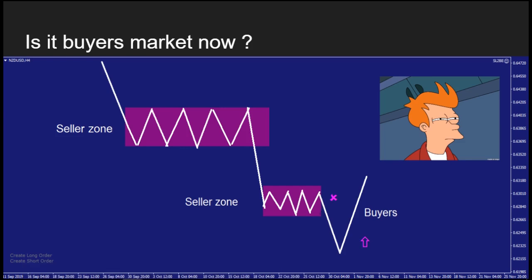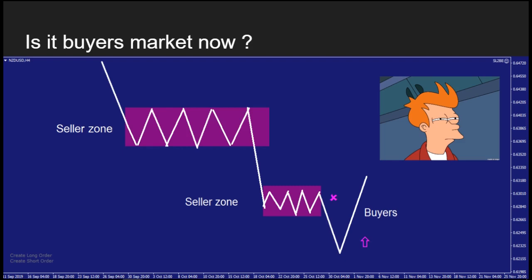More or less now, maybe 50%, or not 50%, let's say 70%, we are anticipating the buyers to go forward, for the simple fact that they took out the seller zone here. But there is a checklist that we go through, and as I explained, without the checklist I don't declare this as a victory yet.